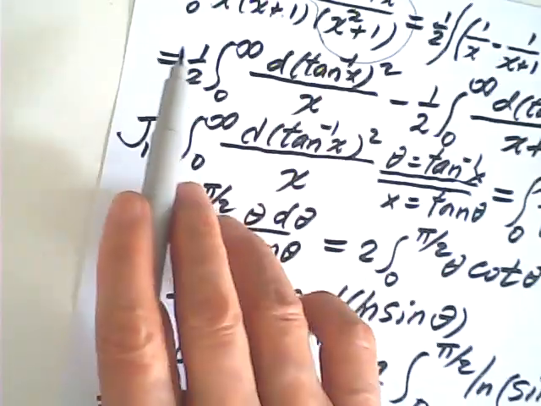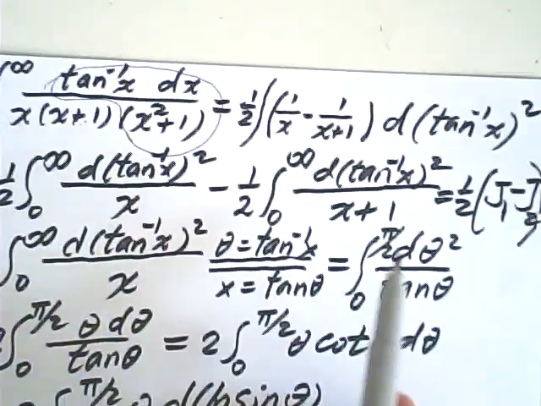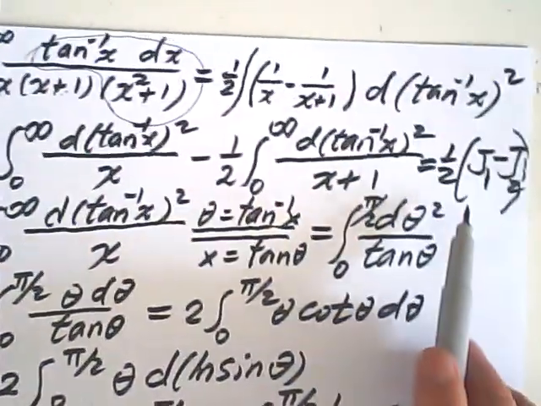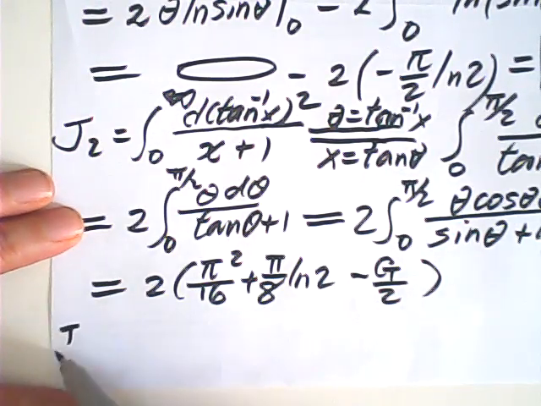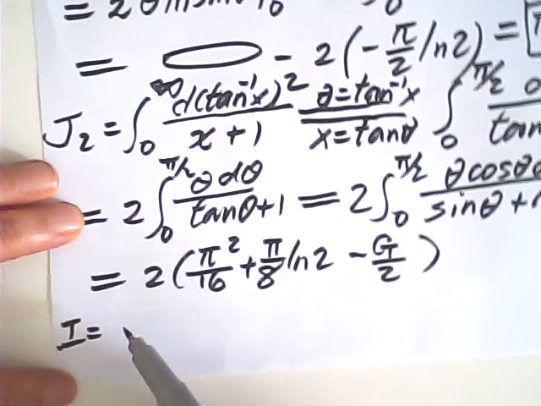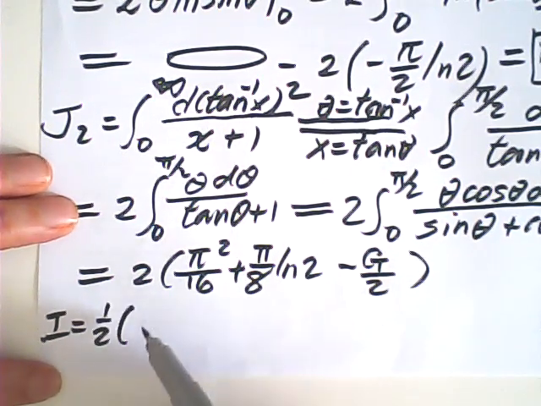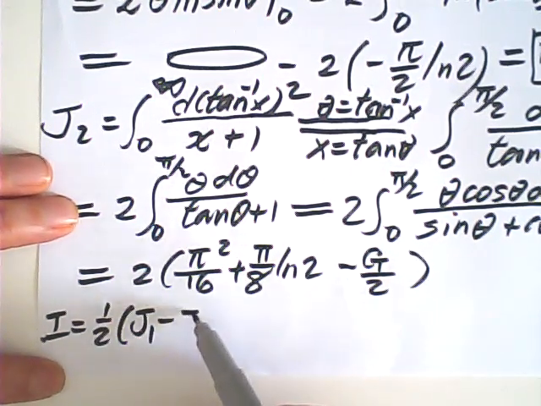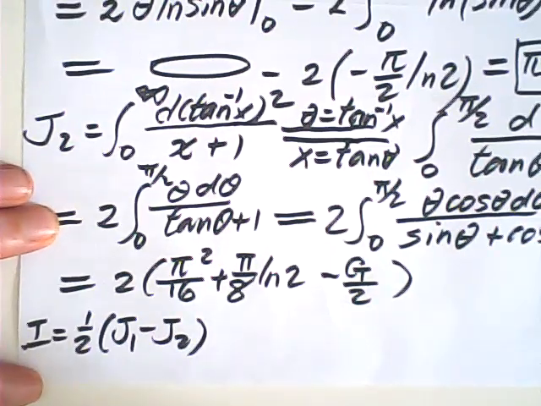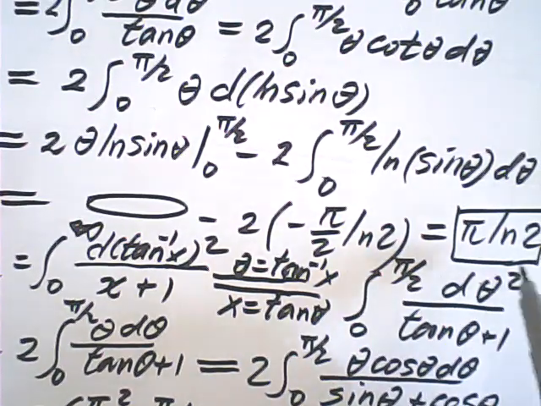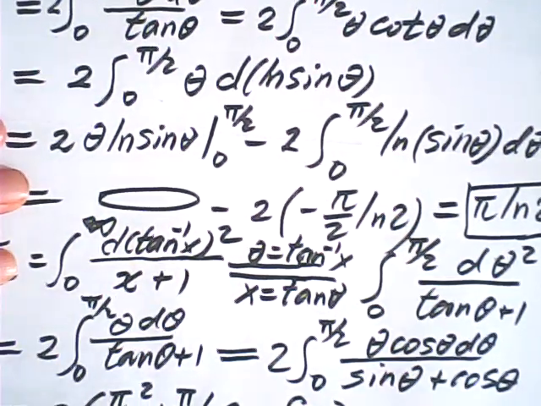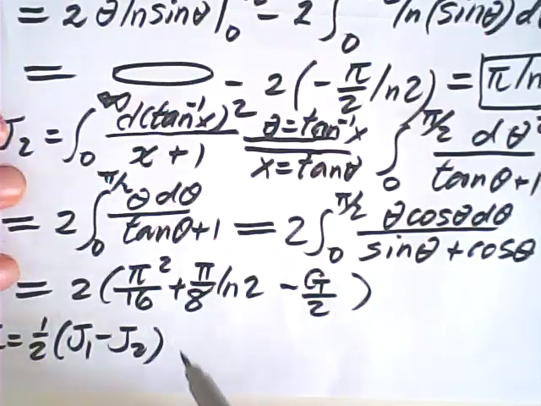Now then, my I is 1/2 (J1 minus J2). That means this one minus this one, times 1/2.